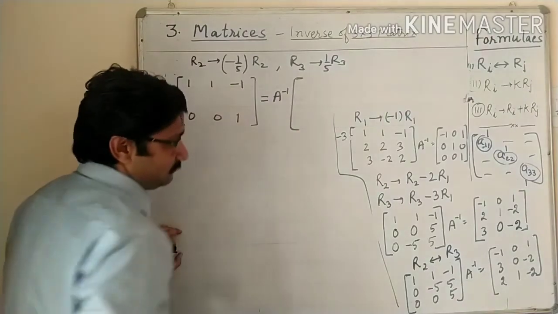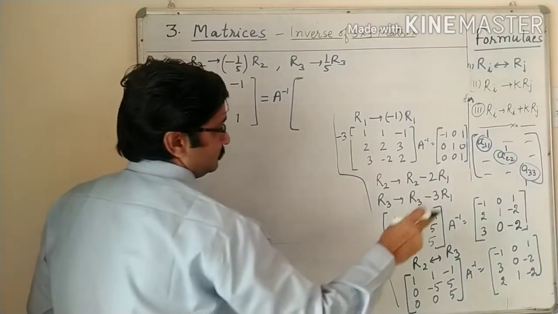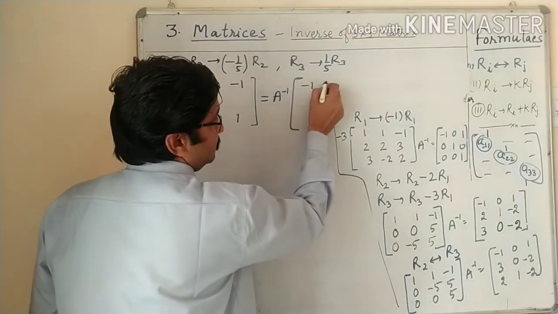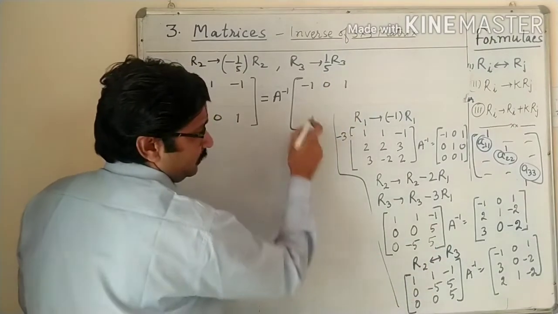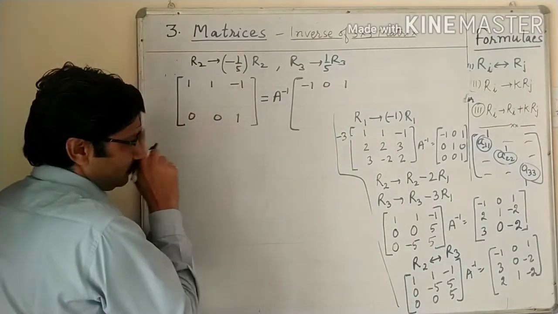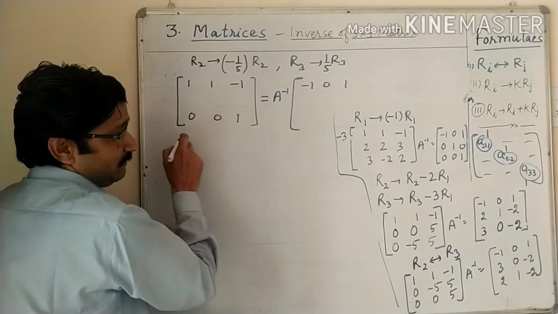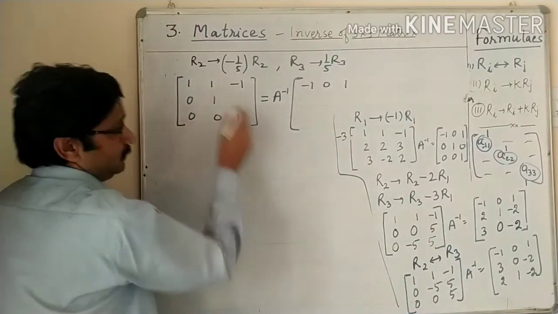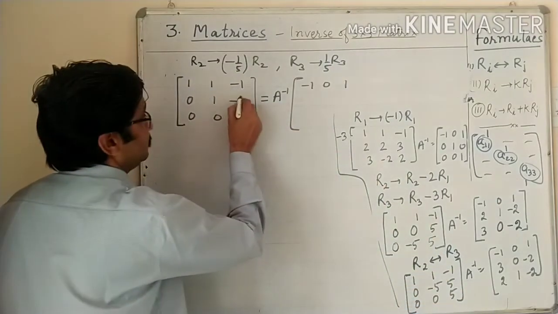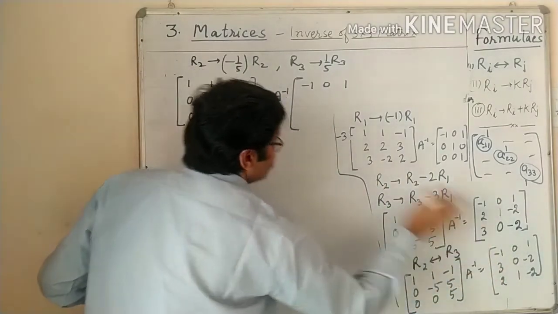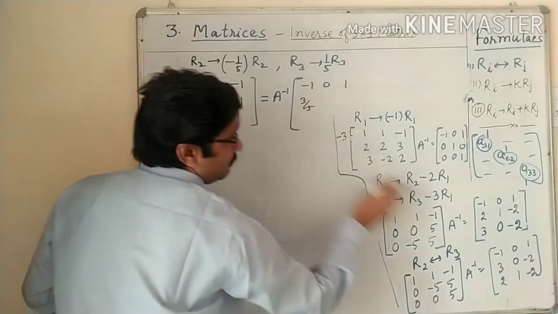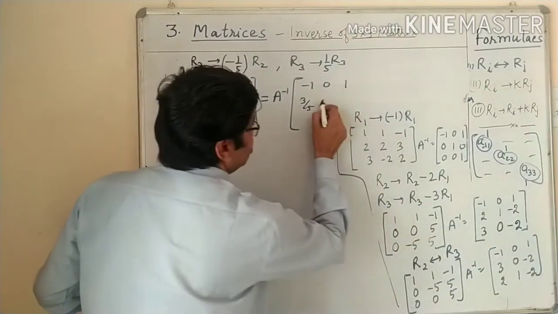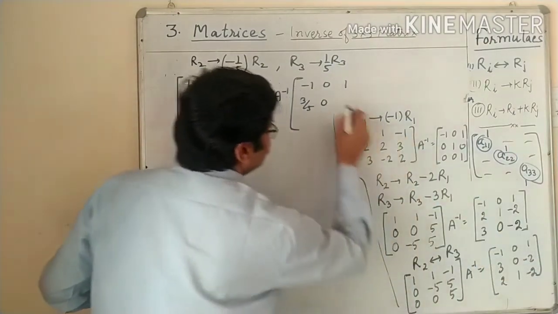And you will get here the first row as it is, so minus 1, 0 and 1, 3. This is the second row, you have to divide by minus 5. Second row divided by minus 5 means 0, divided by minus 5 you get 1, divided by minus 5 you get minus 1, and divided by minus 5 you get 3 by 5, divided by minus 5 means 0, divided by minus 5 is 2 by 5.